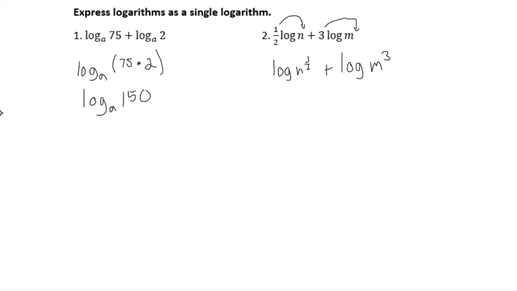And so then this would be log square root of n m to the 3, because that's now multiplication. And then I always like to put what is not in a radical out in front. So log m to the 3rd square root of n.